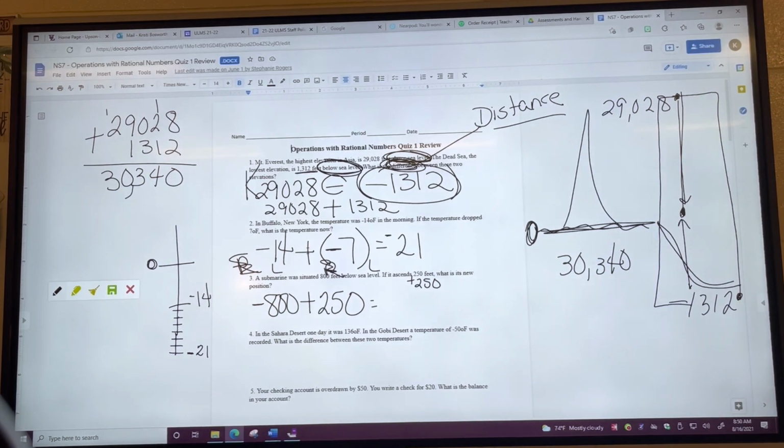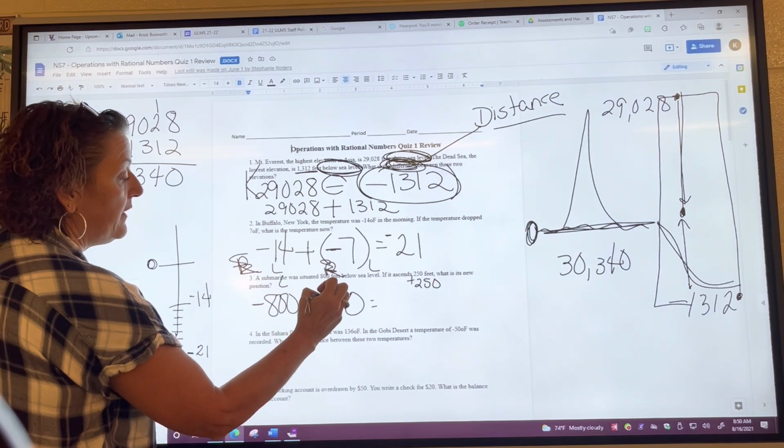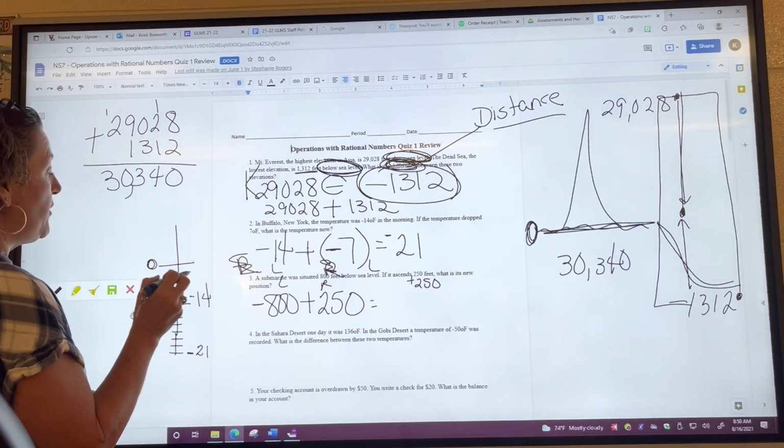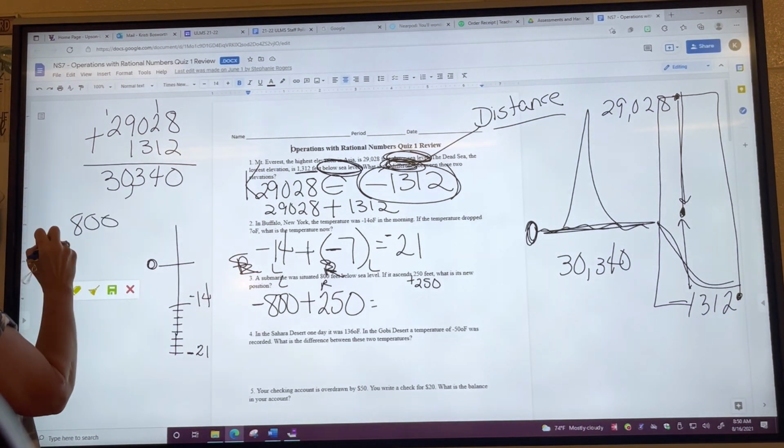So, let's think about our rule. This is left and right. We've got left and right. We use different arms, right? So if we use different arms, we're going to subtract. So 800 minus 250.